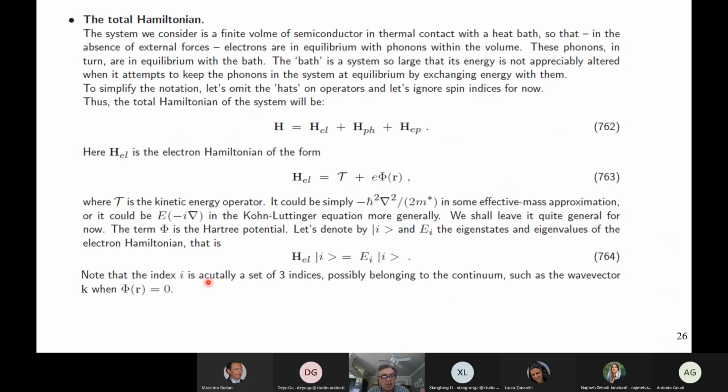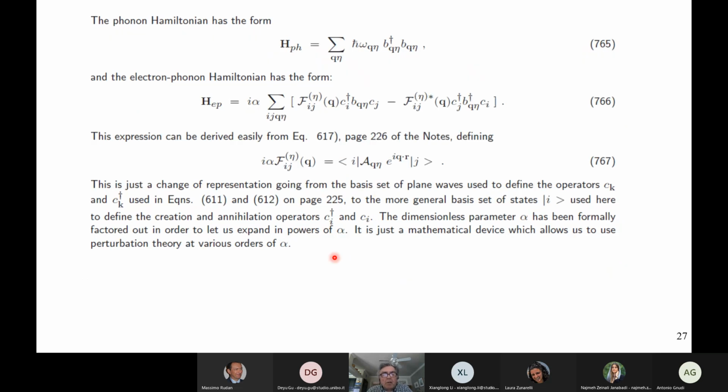So this index i is a general index, whether it represents a 3-dimensional spectrum or 2-dimensional spectrum, depending on where the electrons are sitting, what is the shape of the potential, discrete, continuum, again depending on the energy and the shape of the potential. Clearly, if I have a well in a potential, I can have discrete and continuum, doubly degenerate, single degenerate, whatever it is. So this is the general spectrum of the single electron Hamiltonian.